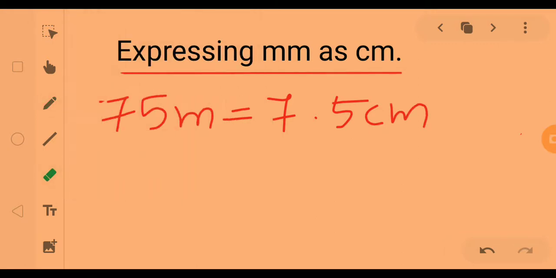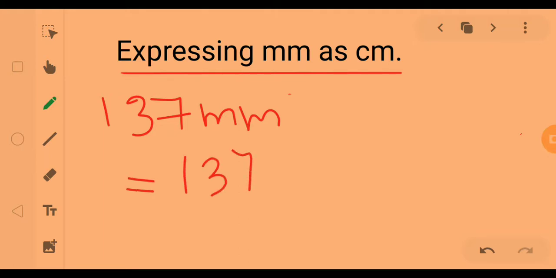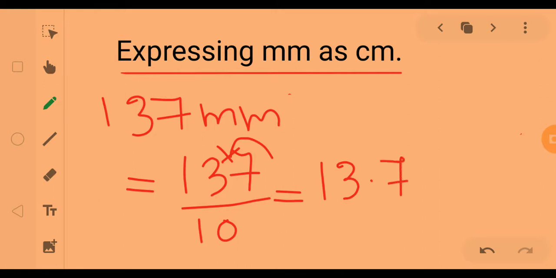See the next one. Let us see one more number, 137 millimeter. What is the first step? You have to divide the number given in millimeter by 10. One place will be shifted. So what is the answer? The decimal point will come between 3 and 7, so the answer is 13.7.